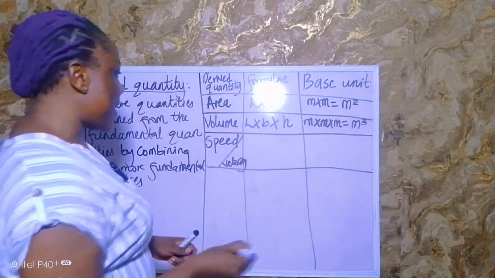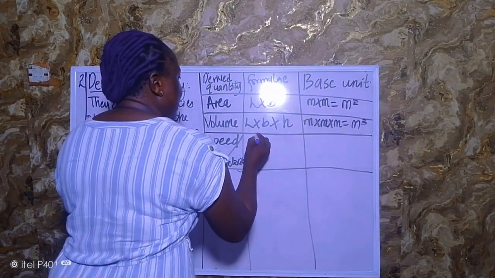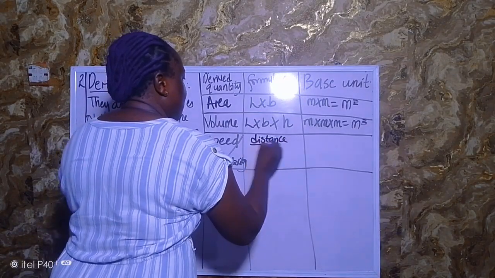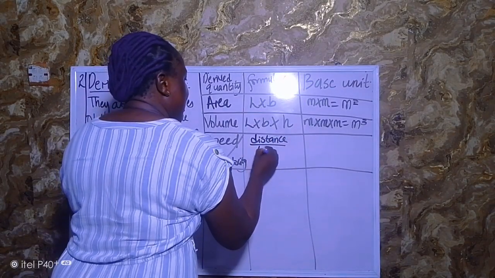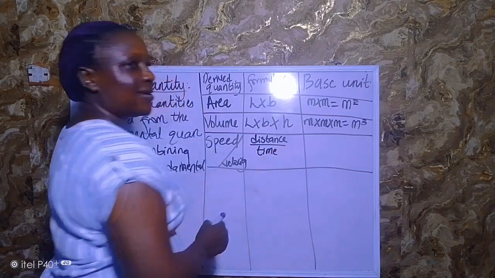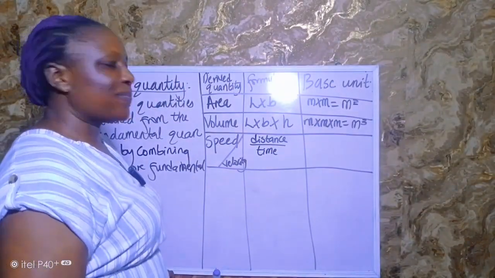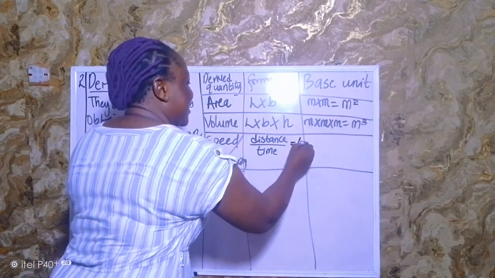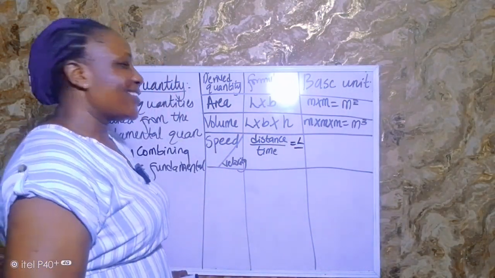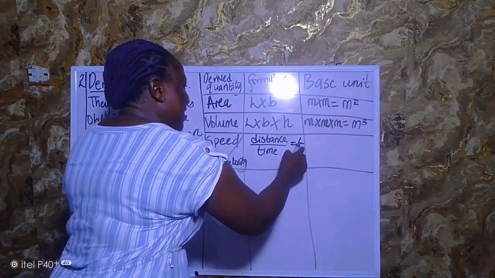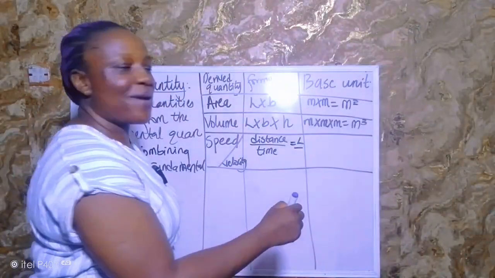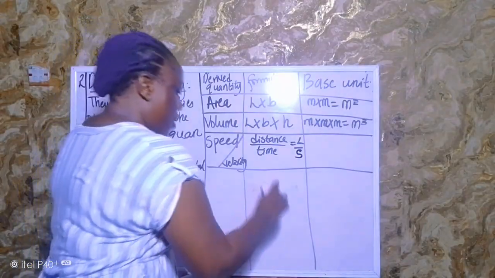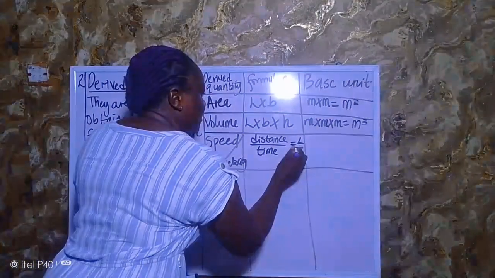Speed simply means the distance over time. When we talk of distance, we are talking of L. Are you seeing it? Yes, L over time. When we are talking of time, remember our time is t. Have you seen it? Or let me just write it to you first.